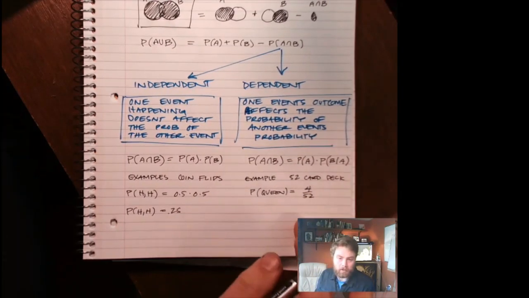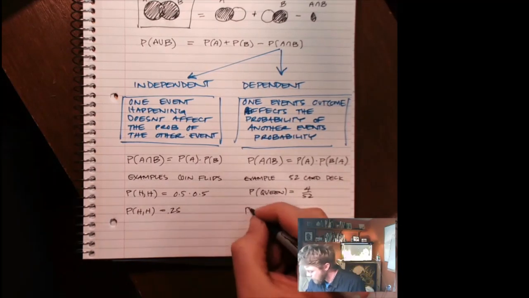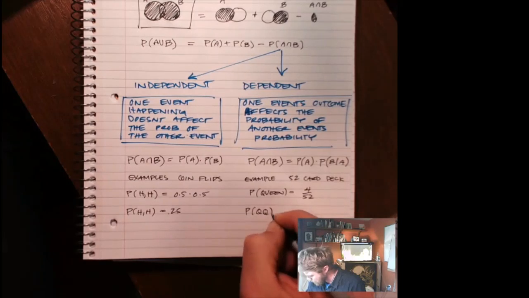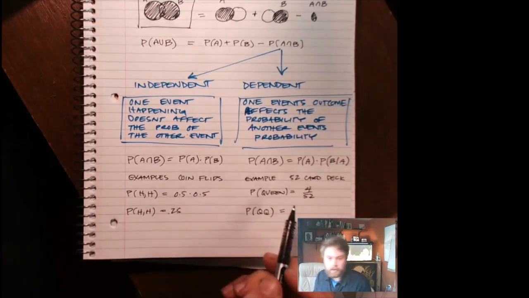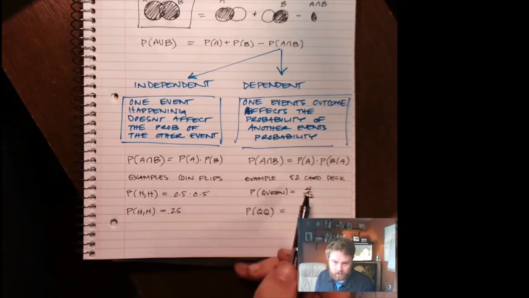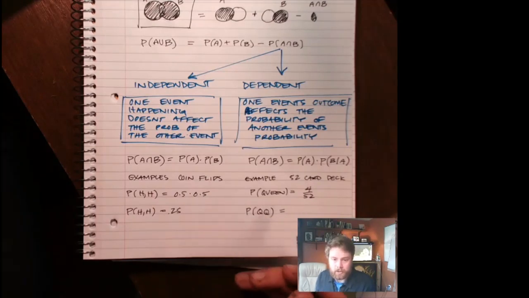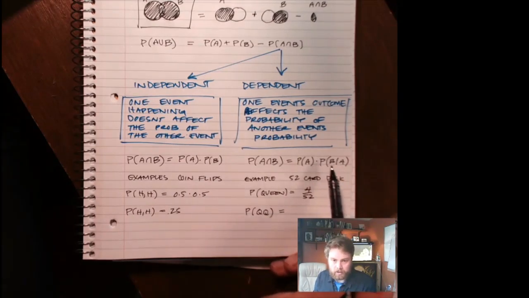Now if you wanted the probability of two queens, a pair of queens, then you wouldn't, like before, just multiply 4 fifty-seconds times itself, because once you pick the first one, and supposing you don't put it back, that changes the probability, and this is the symbol that shows that probability has been changed.